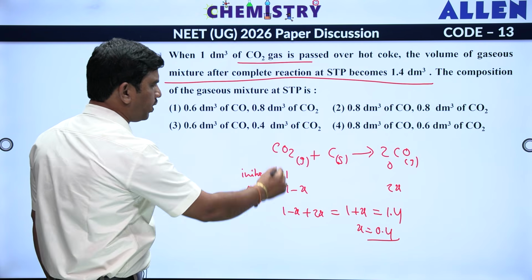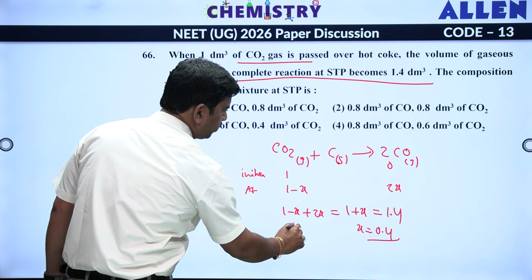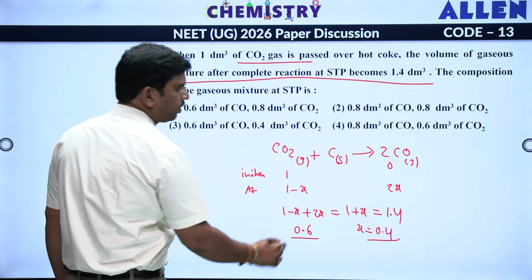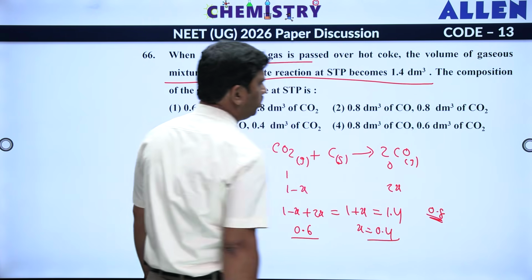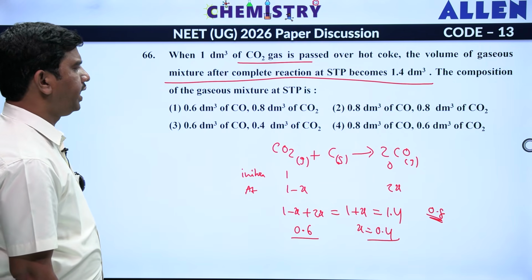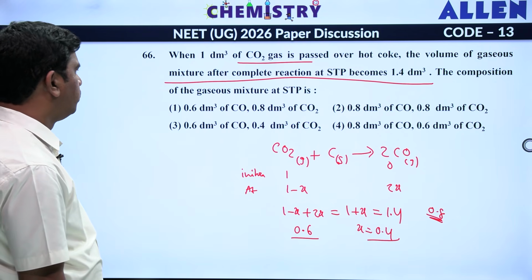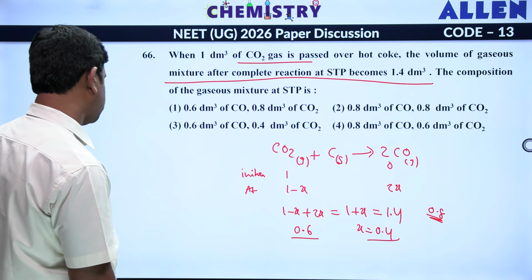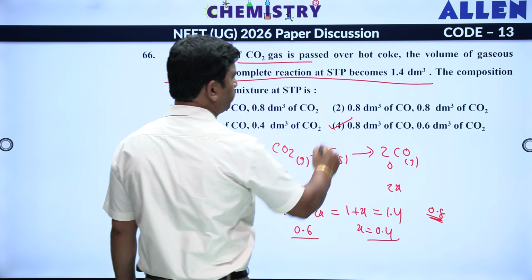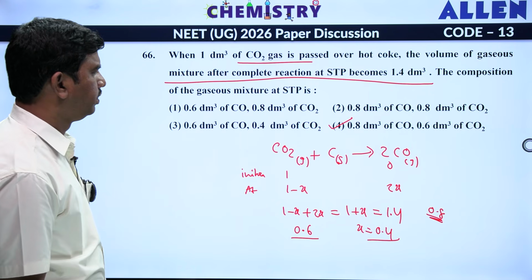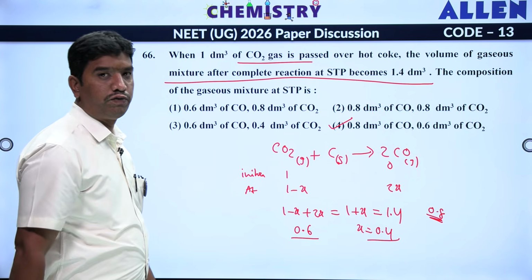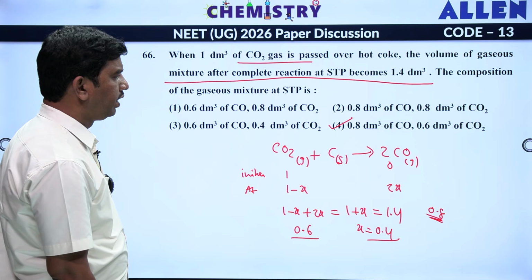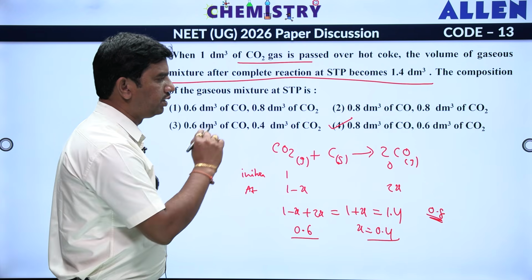X equals 0.4 means CO2 left is 0.6, and CO formed is 0.8. So CO is 0.8 and CO2 is 0.6. So question number 66, the answer is 4. Students get confused especially while choosing the option.